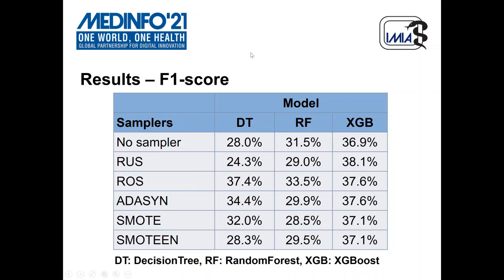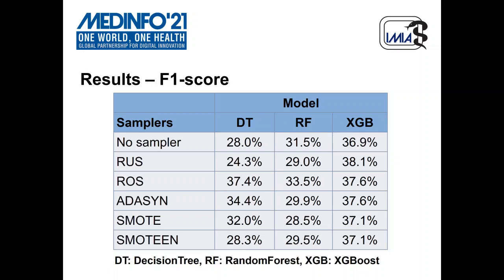And we can see that decision tree and random forest had their best F1 score with ROS, random oversampling. Decision tree had 37.4% and random forest 33.5%, and XGBoost performed best with random undersampling at 38.1%.